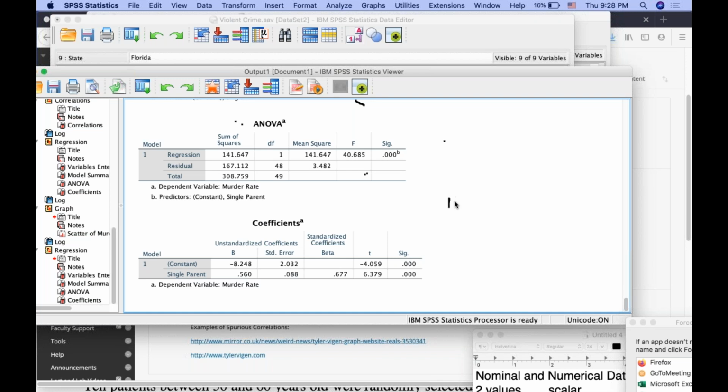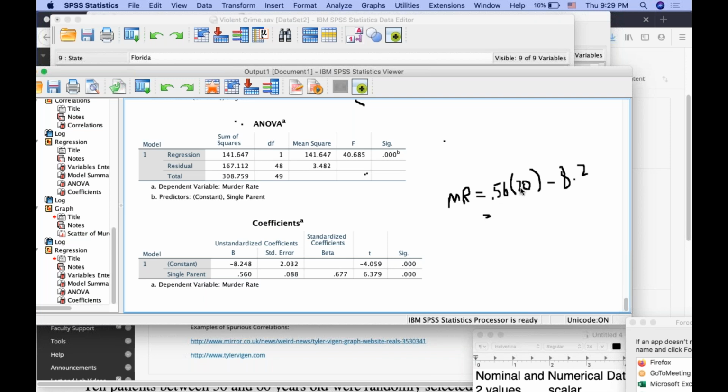So the murder rate we're predicting for a state that has a single parent family rate of 20%, we expect it to be equal to 0.56 times the single parent rate, which is 20, minus 8.2, right?